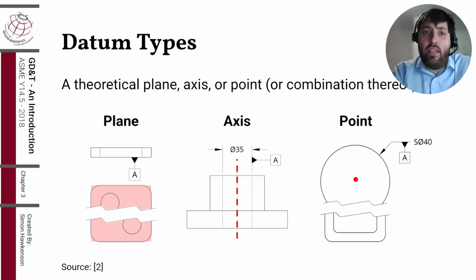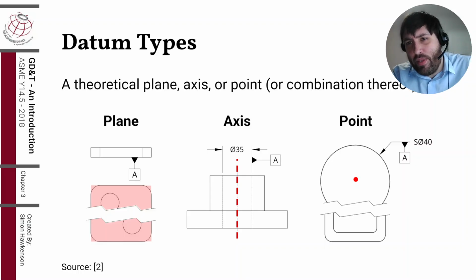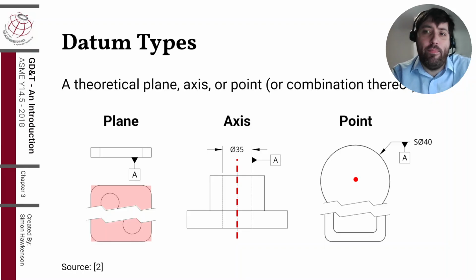A datum can be one of three things, or technically also a combination of these three things. For now, let's simplify it and just do one of these three things. The combination is much more advanced.